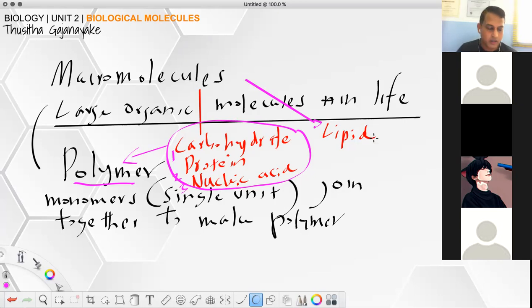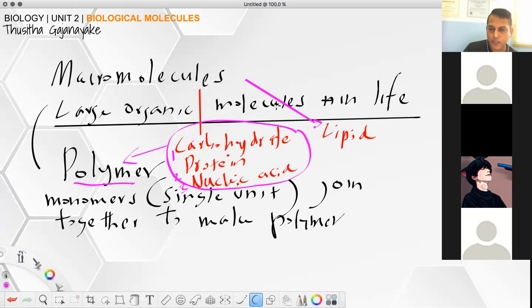Okay, we can check first. The carbohydrate is the first macromolecule we're going to learn, right? I hope you copied this one.